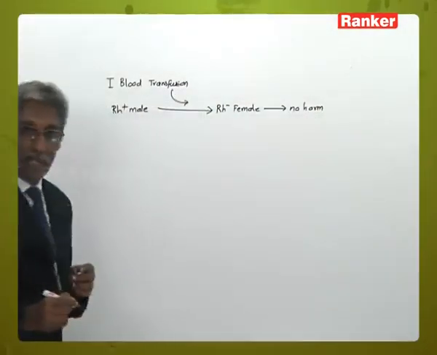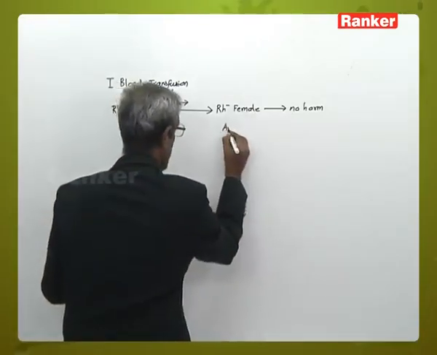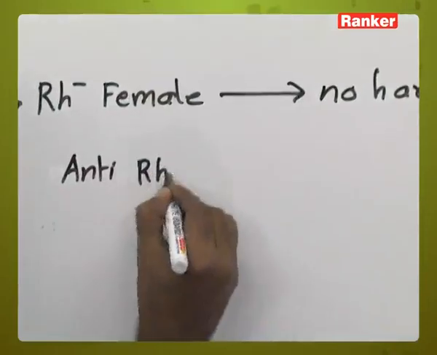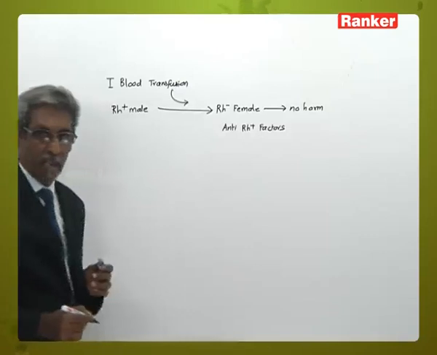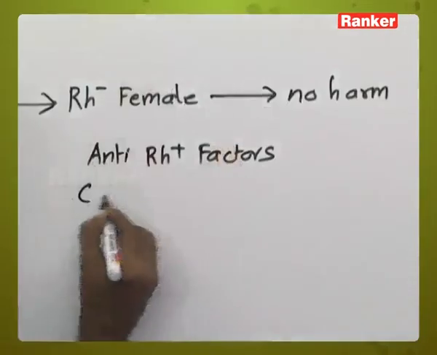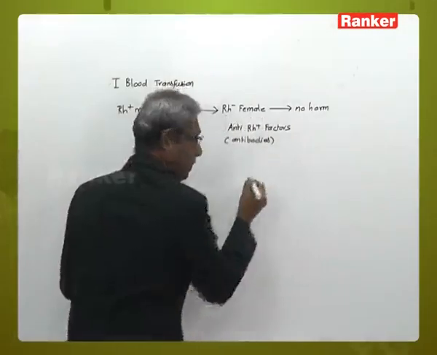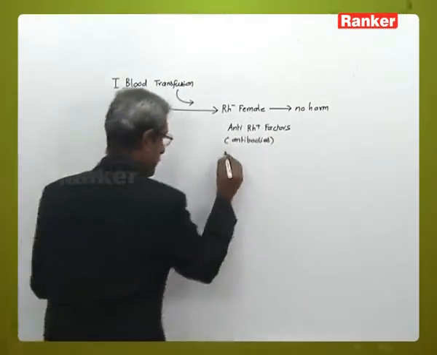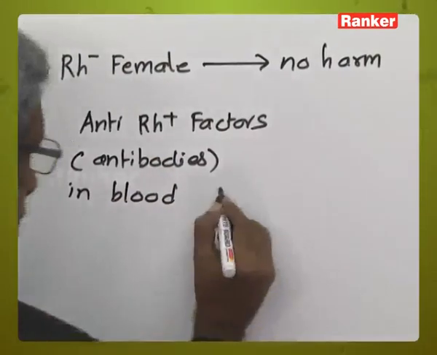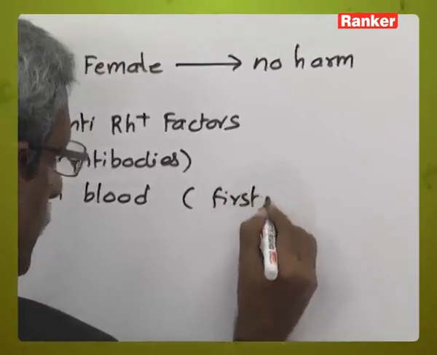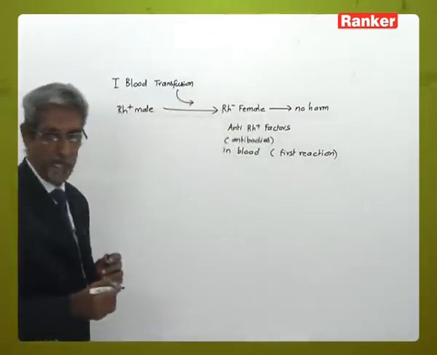It does not lead to any lethality, because the Rh minus female develops anti-Rh plus factors, or antibodies, in response to the antigen in the blood. So, this is termed as the first reaction.